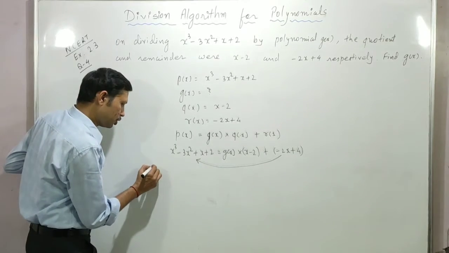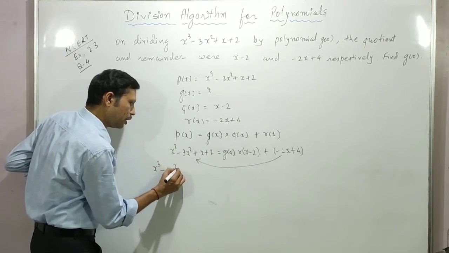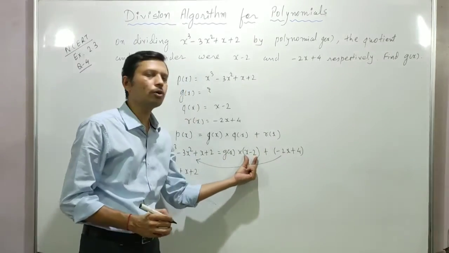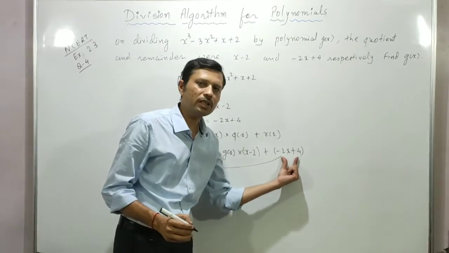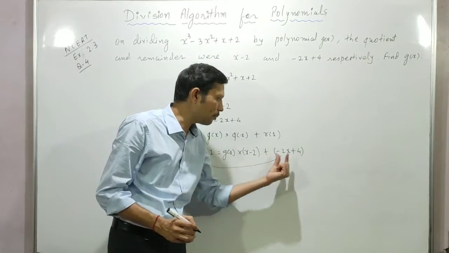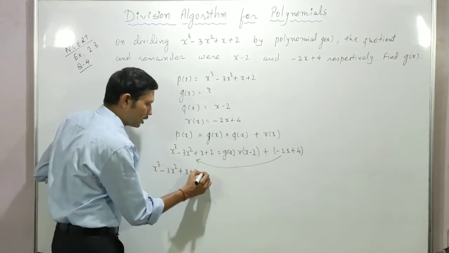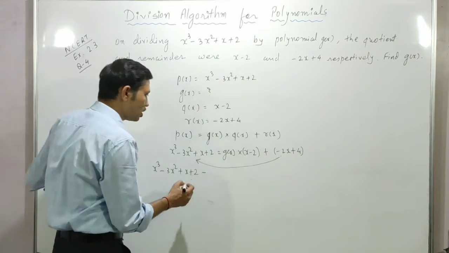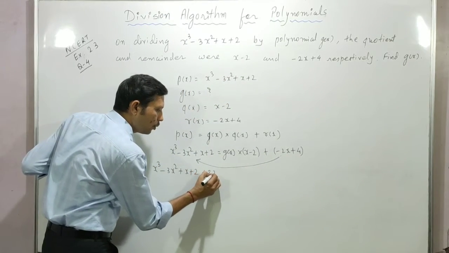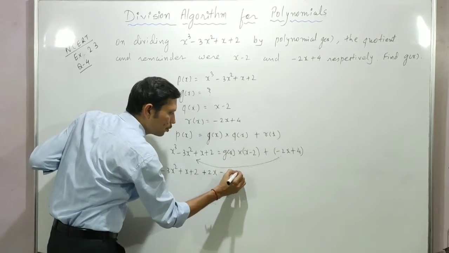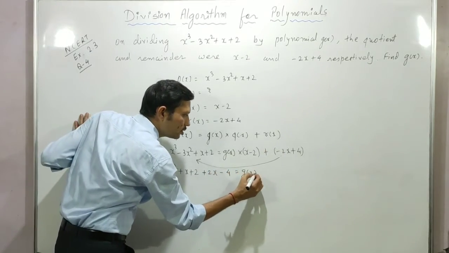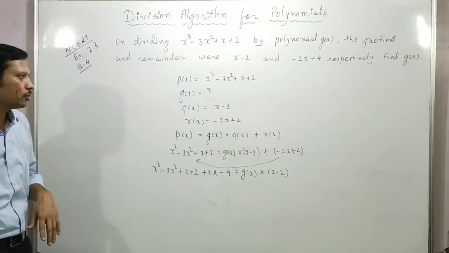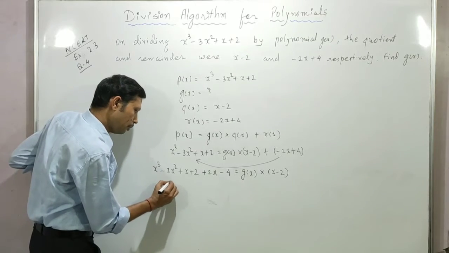So x cube minus 3x square plus x plus 2. बिकॉज हम इसको कैलकुलेट करना है तो इसको और इसको दोनों को हटाना पड़ेगा हमें. तो पहले हम एडिशन सब्ट्रैक्शन वाले टर्म को शिफ्ट कर पाएंगे. सो इसके आगे प्लस है, यहाँ पे आने से क्या हो जाएगा? माइनस. बट इसके साइन डायरेक्टली चेंज कर लेंगे तो माइनस 2x बिकम्स प्लस 2x एंड प्लस 4 बिकम्स माइनस 4. और राइट साइड पर व्हाट लेफ्ट? g of x and x minus 2. Understood बच्चों?